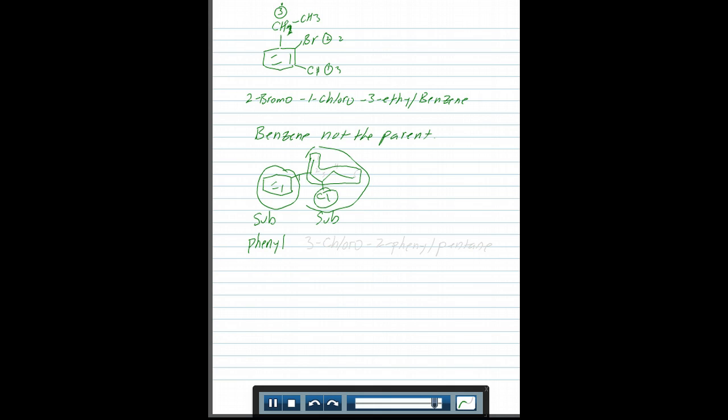So now you go back to your old rules: carbon 1, 2, 3, 4, 5. Start on the end closest to the nearest substituent. So you have 3-chloro-2-phenylpentane. That's when you use the aromatic ring as a substituent. It's no longer the parent. When the group hanging off of your aromatic ring is much more complicated, that's when you name it as a substituent.